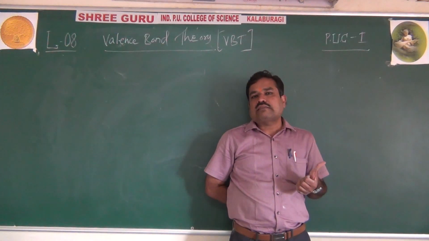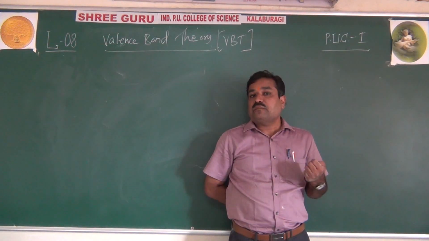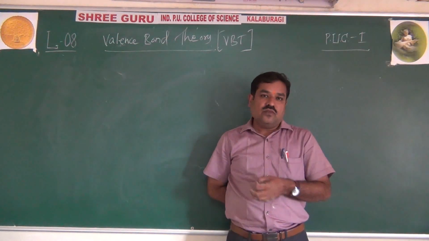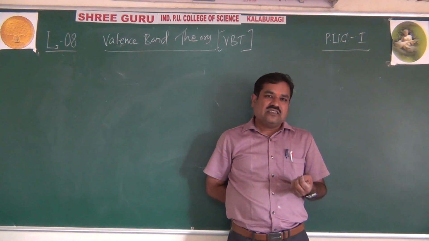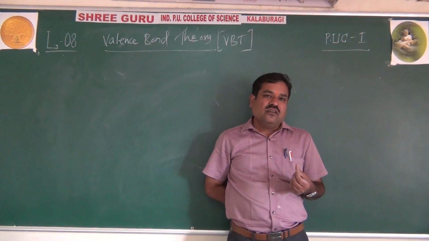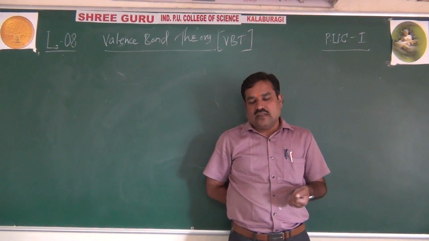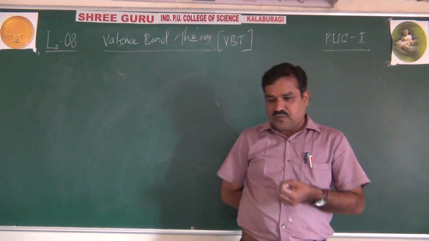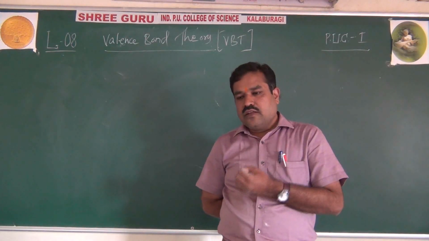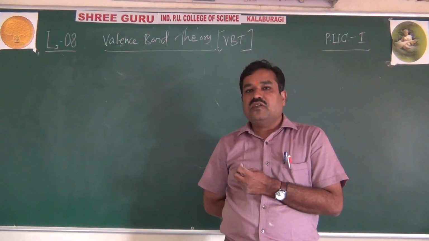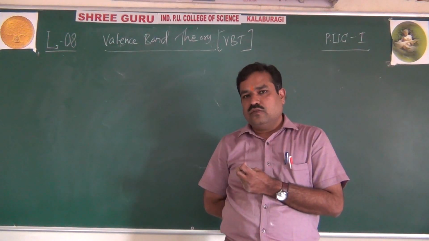Why is it more for hydrogen and less for fluorine? This reason is unable to be given by G. N. Lewis and Kossel, that is Lewis dot structure, and it also does not say anything about the shape or geometry of the molecule.